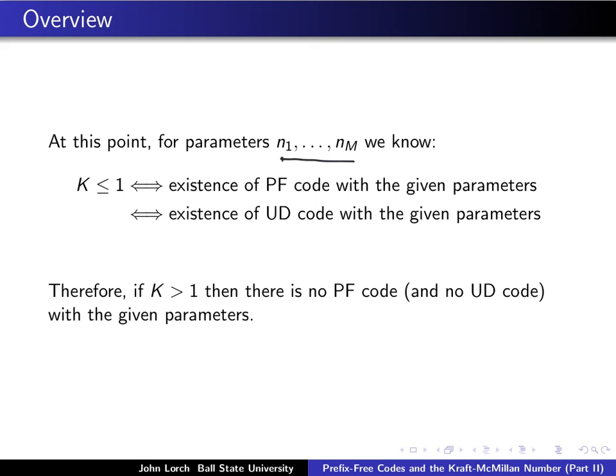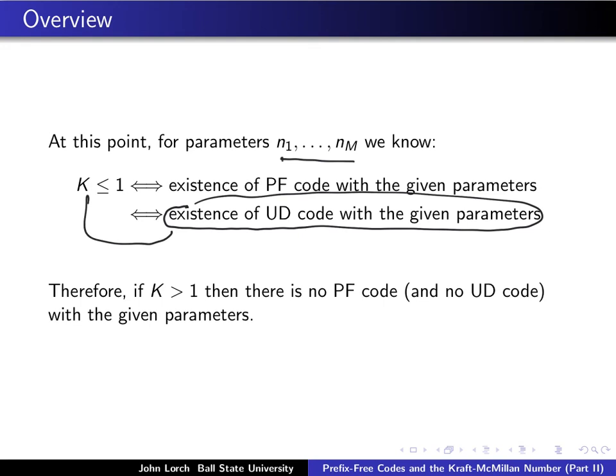But now, because of the material we covered in this video, we saw that this statement here implies that k is less than or equal to 1. And that means that instead of having a chain of implications beginning with k less than or equal to 1 and culminating with the existence of a uniquely decodable code, we have instead a collection of three equivalent statements.